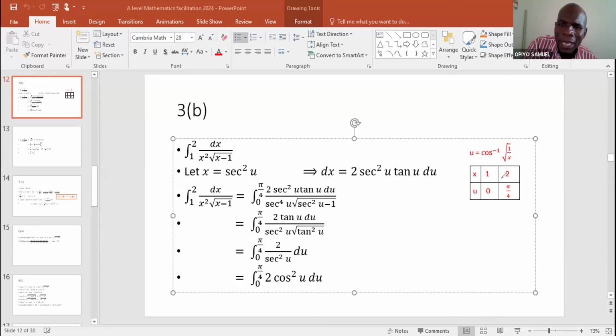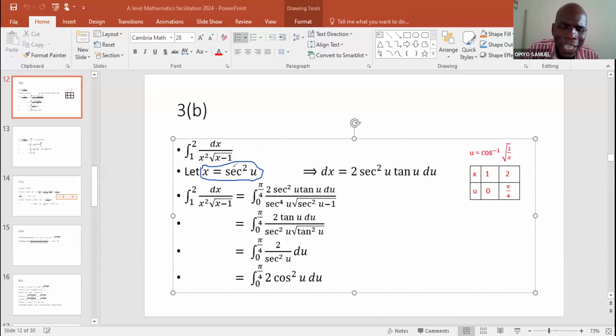Yes, what is the constant? We are not understanding it. Okay, what we are saying is, is it okay for you here for the change of variable? For that case, we understood it.